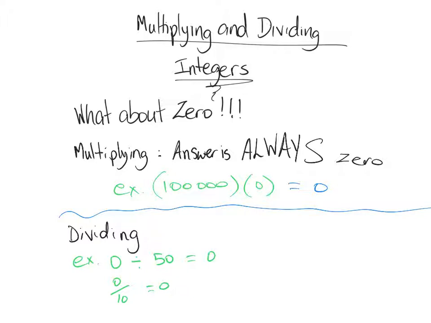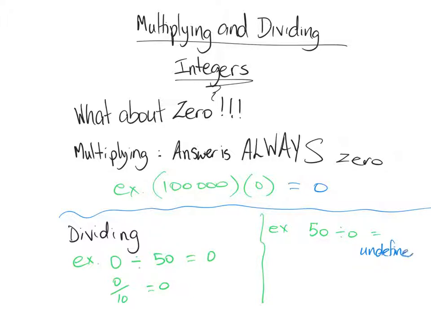But in another case scenario, if we decided instead to divide by 0, so let's say 50 divided by 0, the answer is actually undefined.